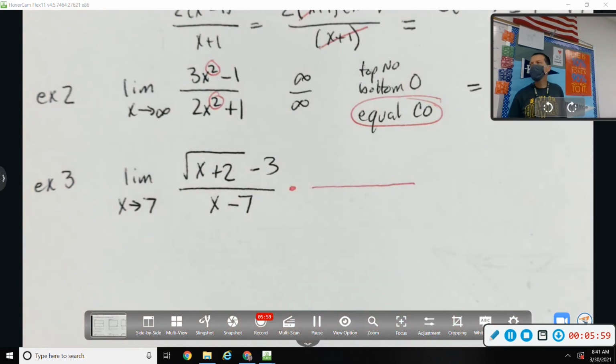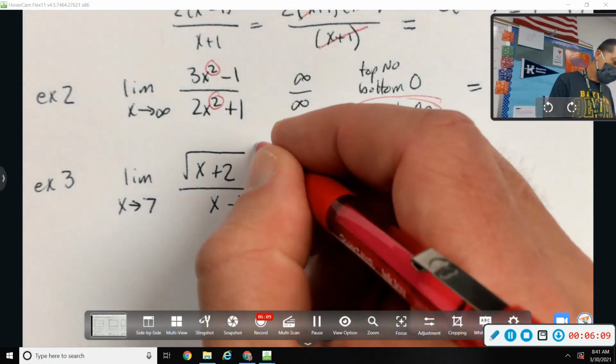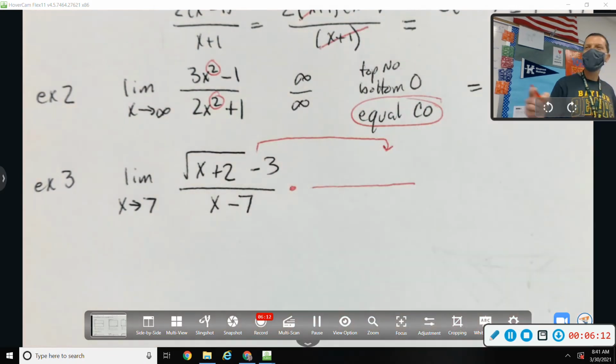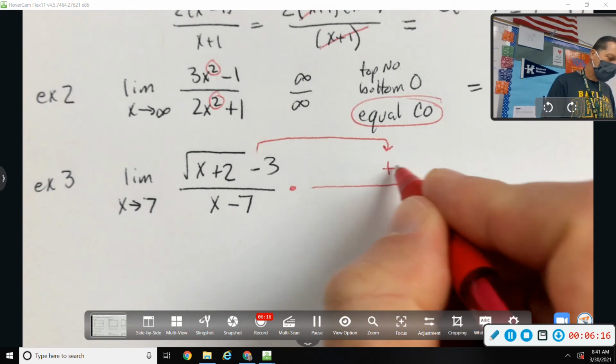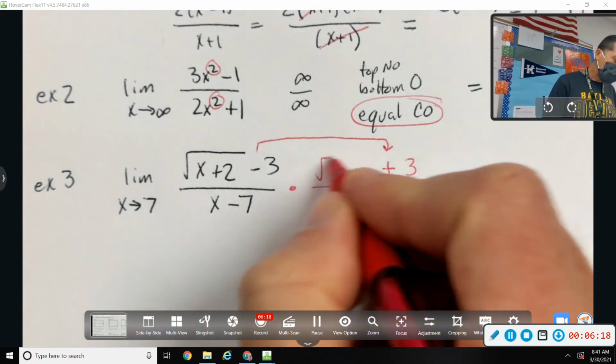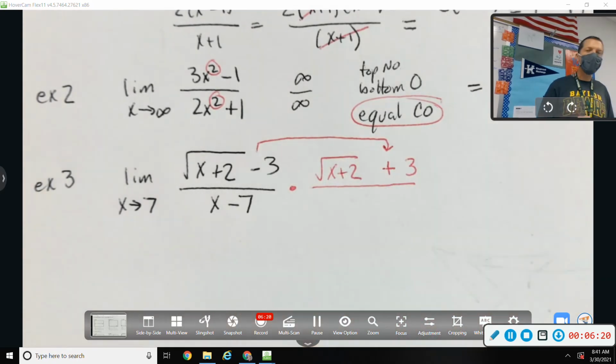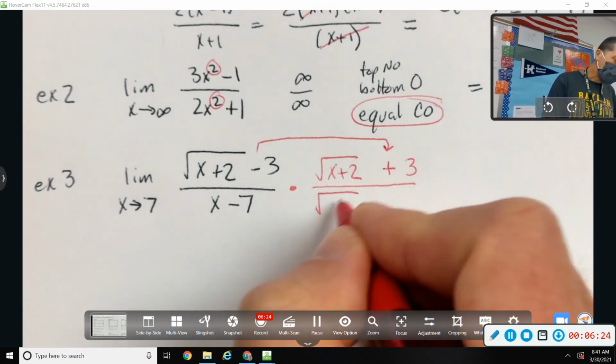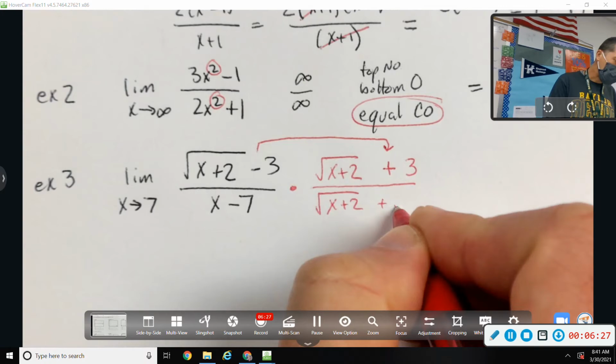I want to multiply by something. Not reciprocal. Did I hear the word over there? Conjugate. So let's change that middle sign. And conjugates are supposed to make the square roots go away. Whatever I multiply to the top, I got to multiply to the bottom.